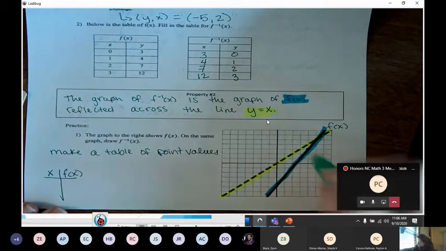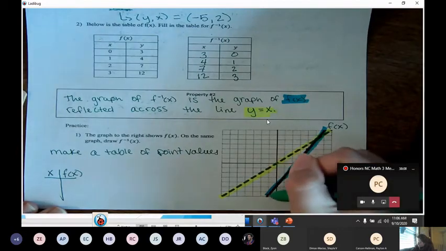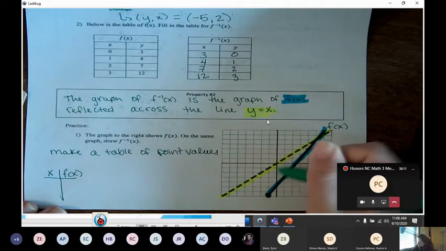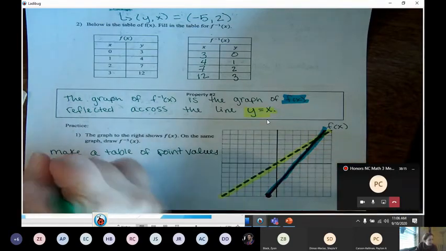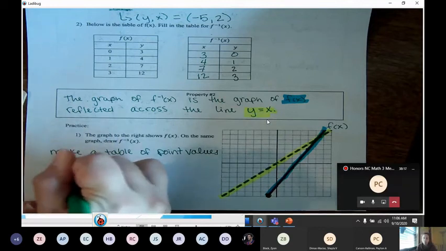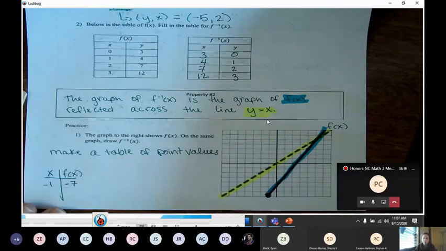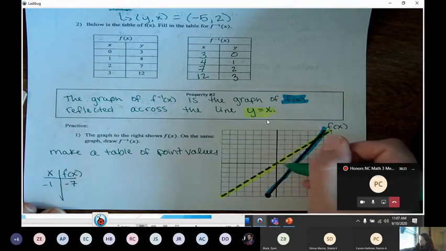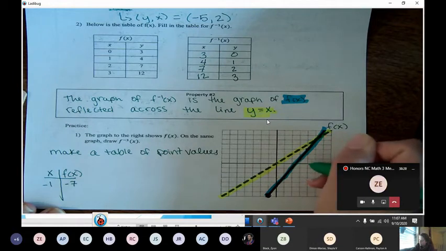I can see that negative 1, negative 7 is a point on f of x. The point 4, 3 is a point on f of x.